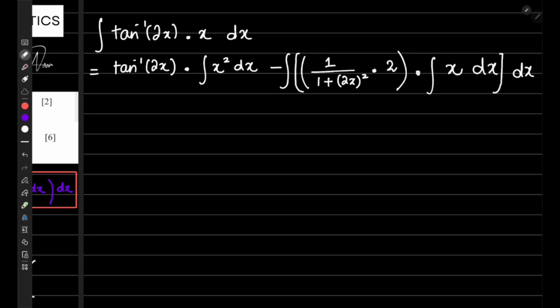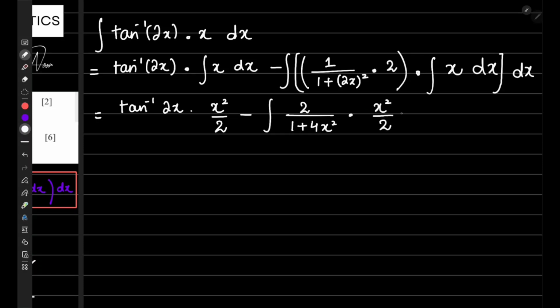Okay, I think so. I have done here again the mistake of integral of x square. Now this expression is fine, I guess. So this is tan inverse of 2x as it is, times the integral of x, which would be x square over 2, minus the integral of 2 over 1 plus 4x square times x square over 2, whole integral dx.